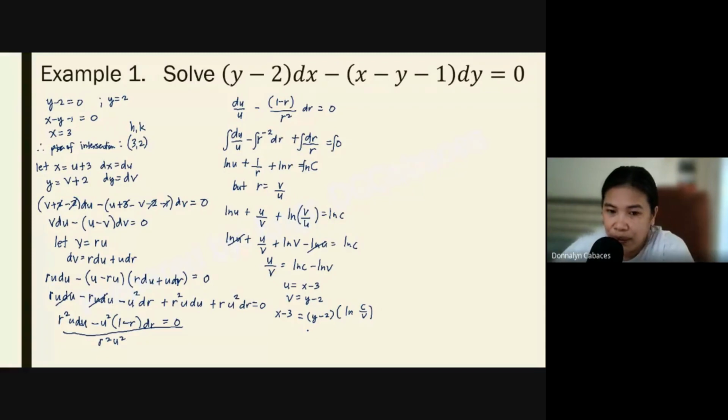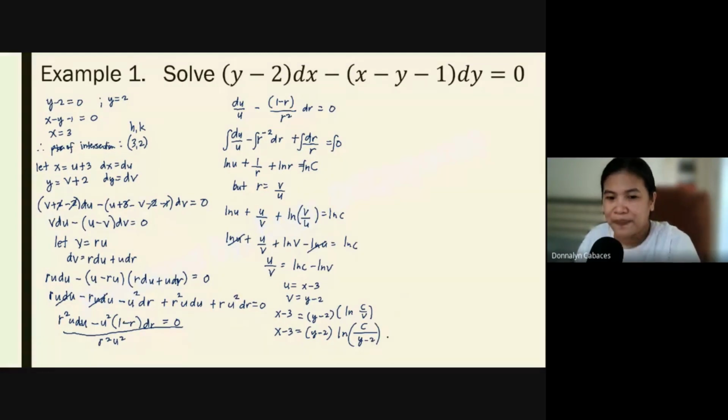Wait, the v pala. Sorry, I forgot to replace v. So that is x minus 3 is equal to the quantity y minus 2 times ln of c over (y minus 2). Okay?